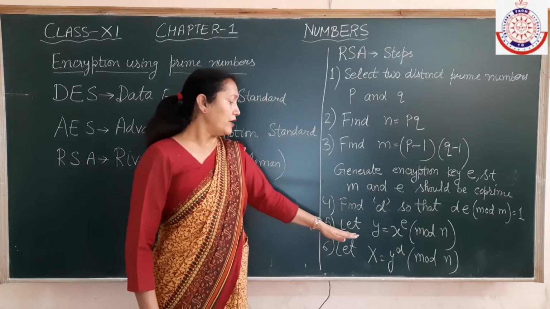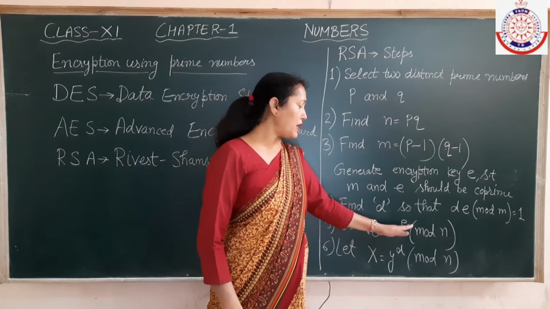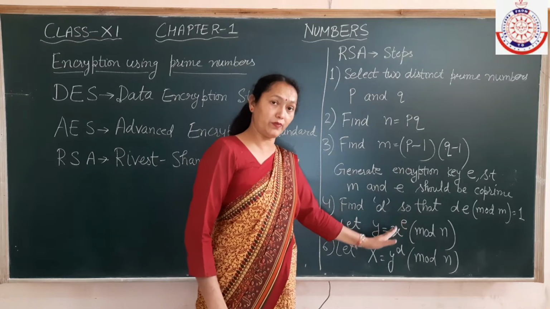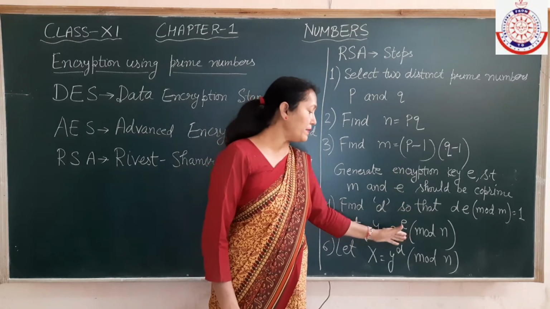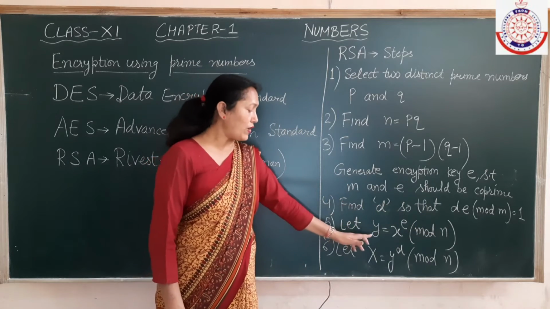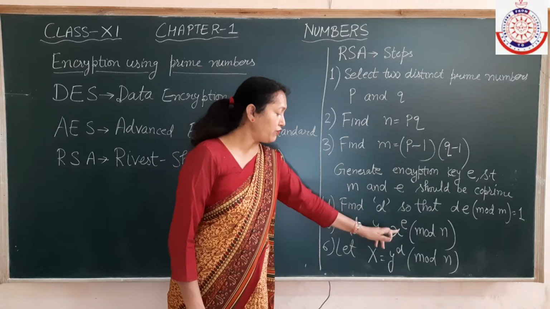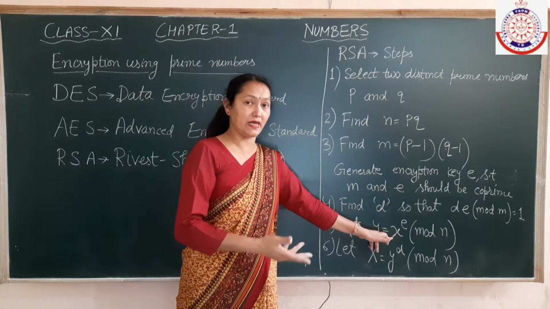Then we assume one number y, which is equal to x power e, when divided by n, that remainder is y. This y is the encrypted form of x. We will be told to encrypt the value of x; x will be given.